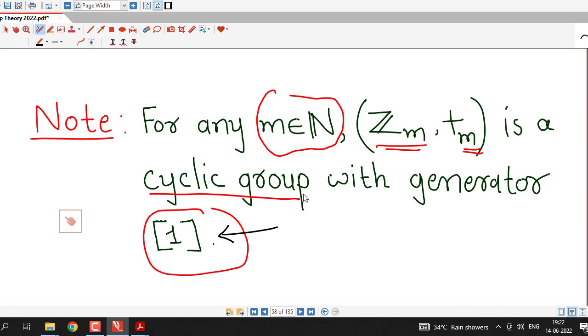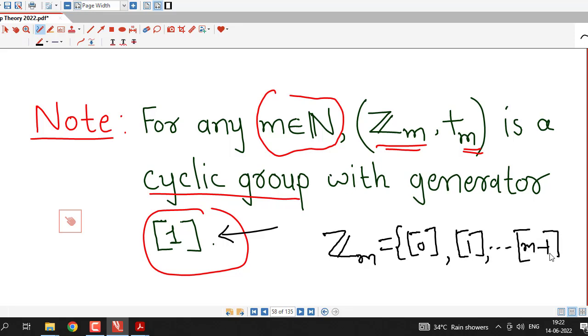A cyclic group may have more than one generator, but if we have Zm, that is 0, 1, 2 up to m minus 1, then we can remember that this group is always cyclic under addition modulo m, and 1 is the generator.